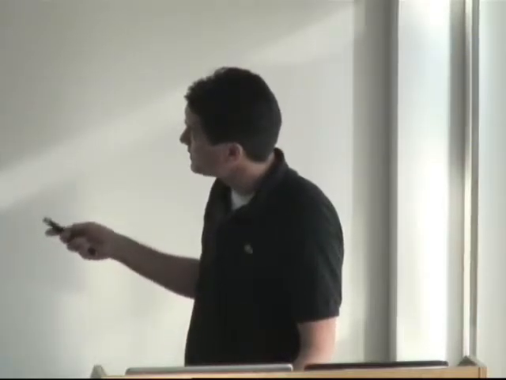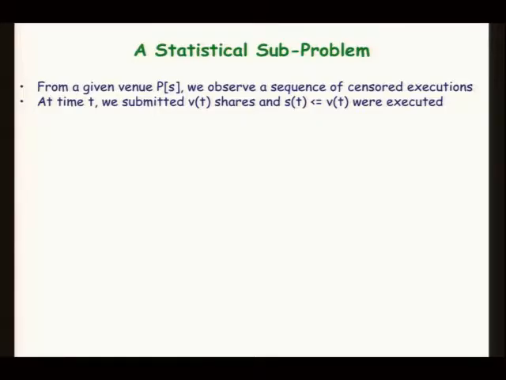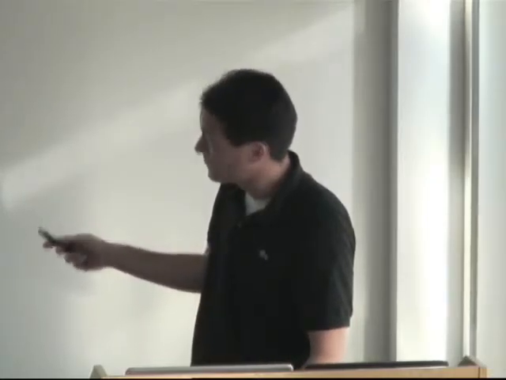We're going to observe for this venue a series of censored executions. At time t, we decide somehow to submit some number v_t of shares, and some number actually gets executed that's at most v_t. It could be up to our amount, but never more. So these are the censored observations.